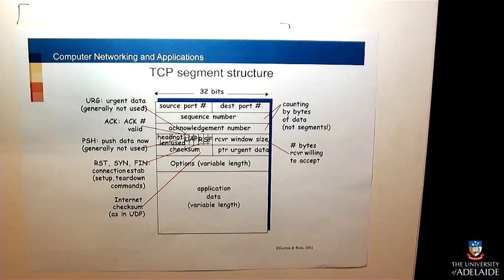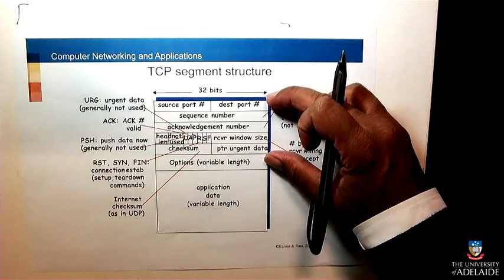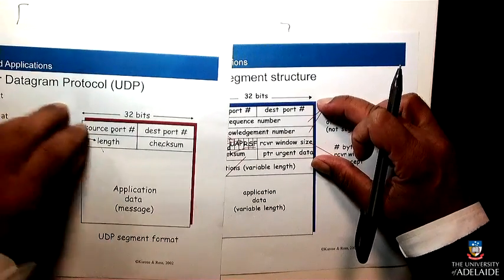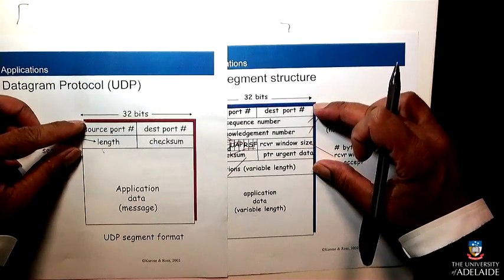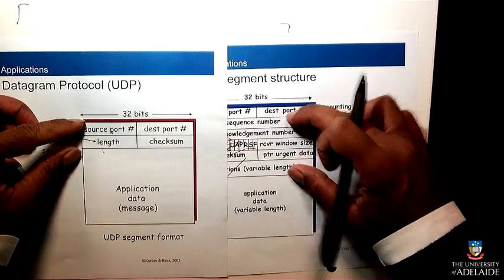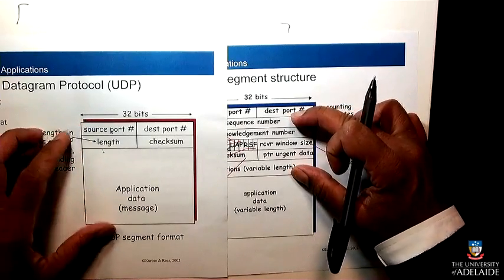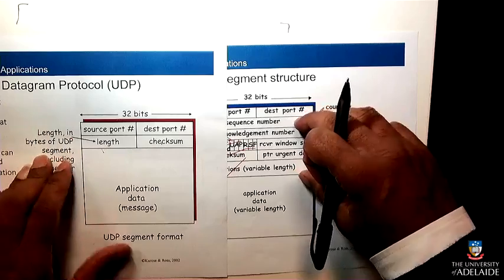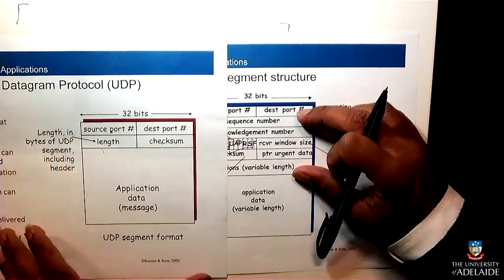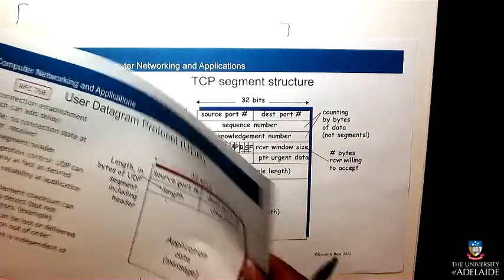That's why it's complex. So nothing is free. You pay a large overhead in terms of your packet header compared to UDP, just because you need to provide all these services. So the protocol needs to support the services: reliable transport, connection-oriented, and so on.